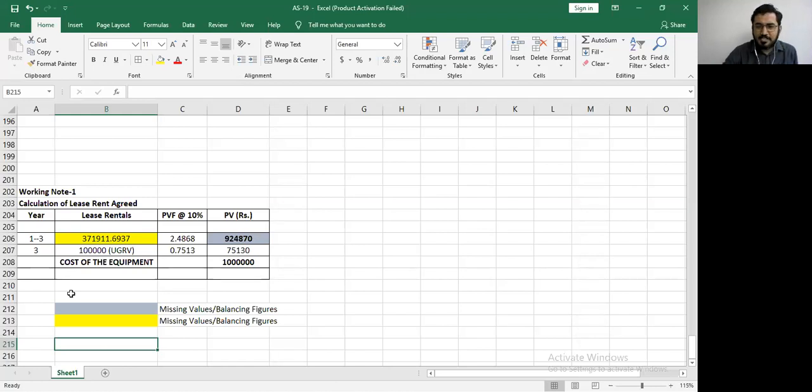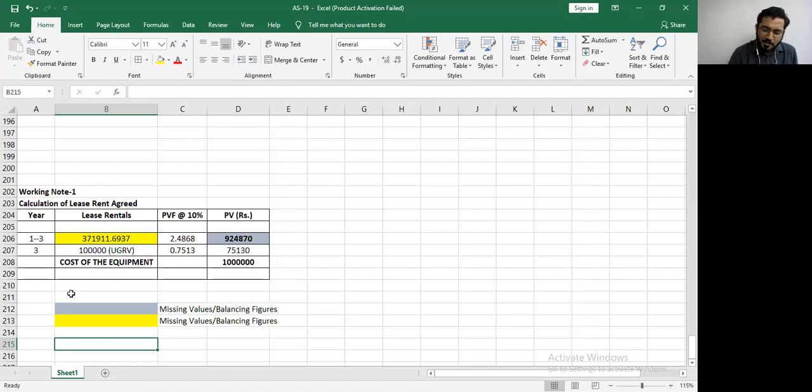Now, someone has asked me what if the guaranteed residual value was also given? In that case you will take the total residual value, which means guaranteed plus unguaranteed both you will have to include. Next, you have 1 lakh, the unguaranteed residual portion, and then you will get 75,130.